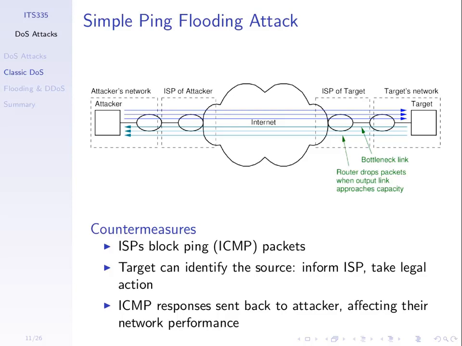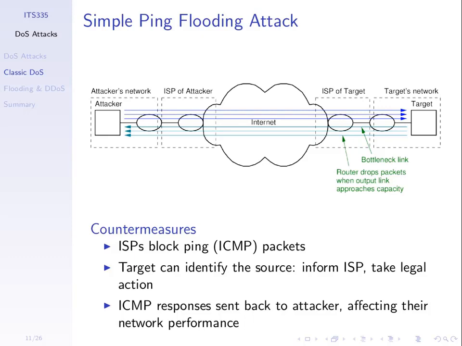So if everyone blocks them, then we lose some functionality. Not many ISPs will block ping packets. Some do, and you may find that SIT blocks ping packets going out. So that's one way, but it has a drawback that now our normal application is no longer supported.